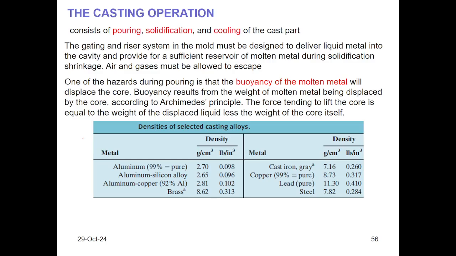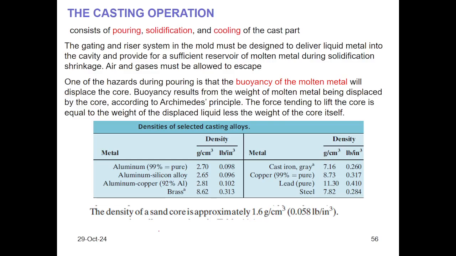Well, to be able to study some problems related with lift, say, chaplet design, etc., can refer to such tables to gather the density of material. For some commonly used materials in casting, can find the densities of the metals: aluminum, aluminum silicon alloy, aluminum copper alloy, brass, cast iron, copper, lead, steel. How about the density of core material?